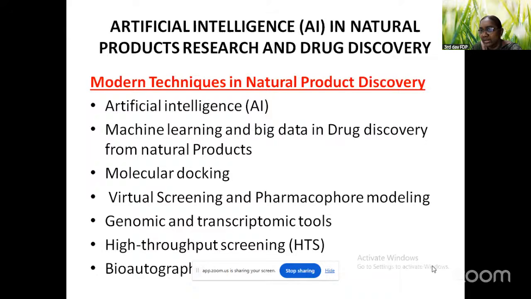So mainly I am dealing with the first two, artificial intelligence and machine learning. Whereas the molecular docking, virtual screening and pharmacophore are already dealt with by the chemistry persons in the previous days. So a little input from the genomic and transcriptomic tools and also the high throughput screening, HTS, and bioautography.